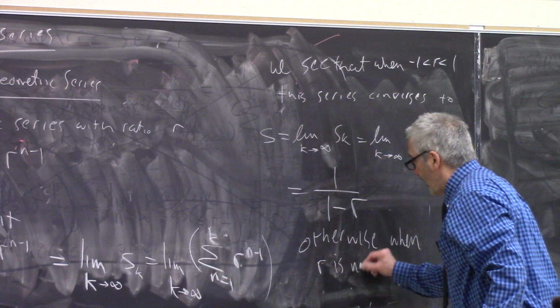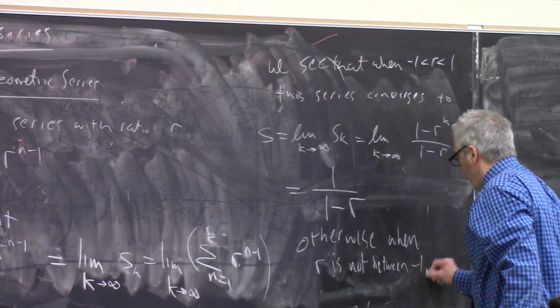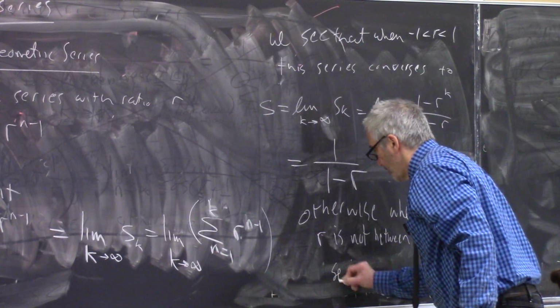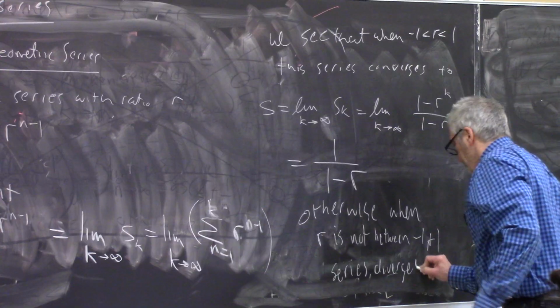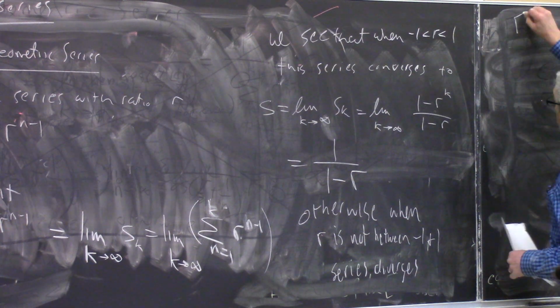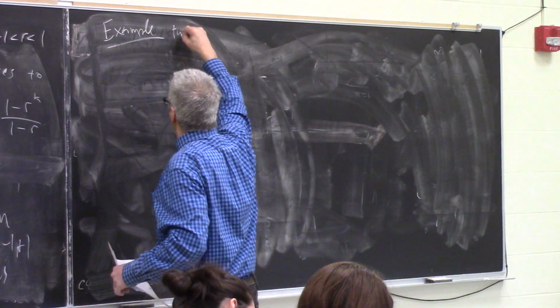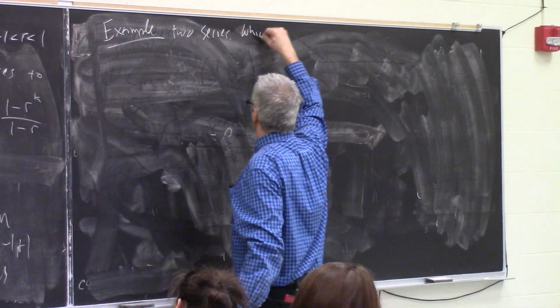So when r is not between -1 and 1, the series diverges. So the last thing I want to do is two quick examples. Two series which converge.